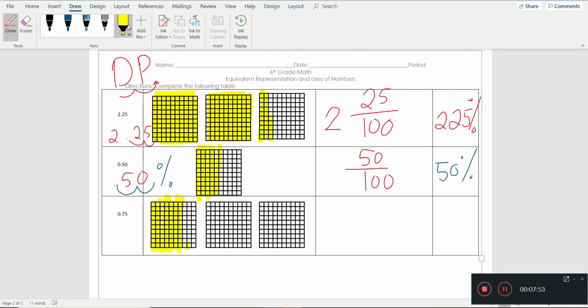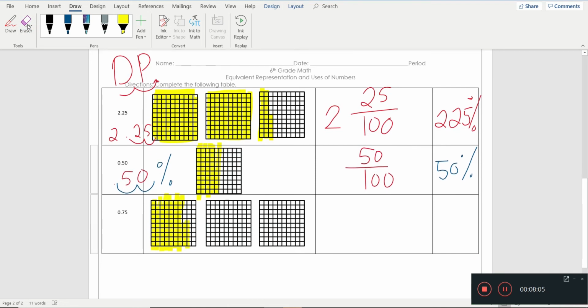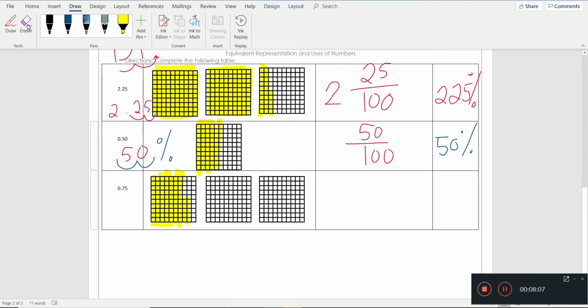Then 5. 1, 2, 3, 4, 5. Okay, and shade it. We have it here. Eraser. Oops. So I hope I'm getting the right eraser. Okay, I'll just shade it again and redo it.